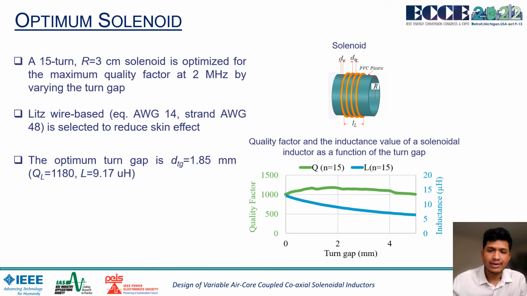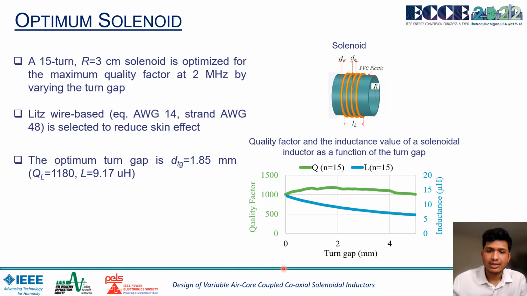In order to have a comparative analysis between a solenoid and an ECCS inductor, an optimized design is required. In this scenario, a 15-turn, 3 cm radius solenoid is optimized for maximum quality factor at 2 MHz by varying the turn gap. Litz wires are used to reduce the skin effect.